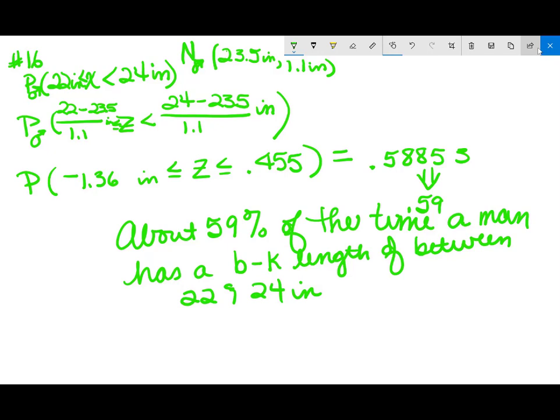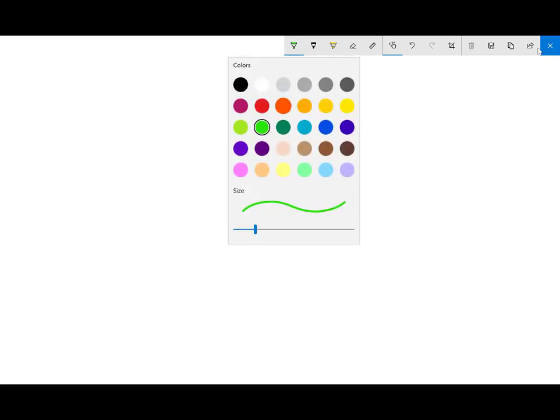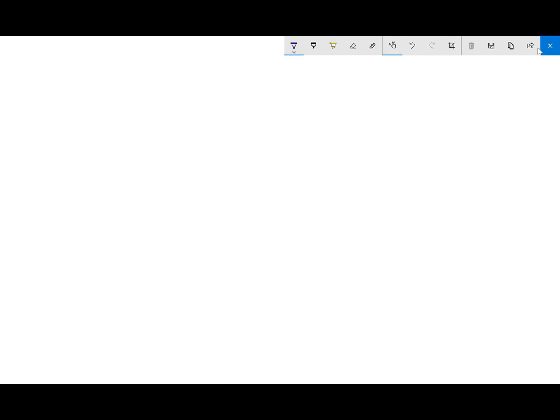Okay, let's do another one. Let's do number 18. This time we're talking about the females, the same situation. So we have a normal distribution with a mean of 22.7 and a standard deviation of 1 inch.